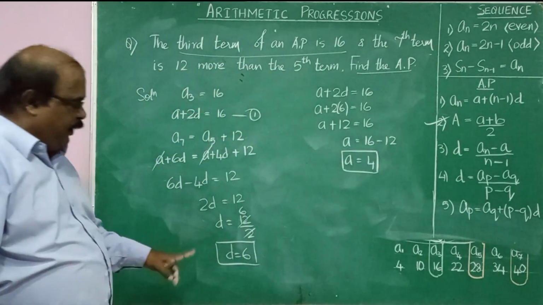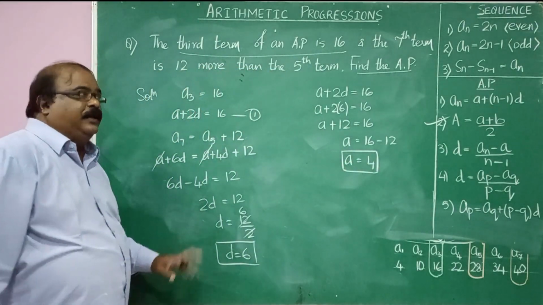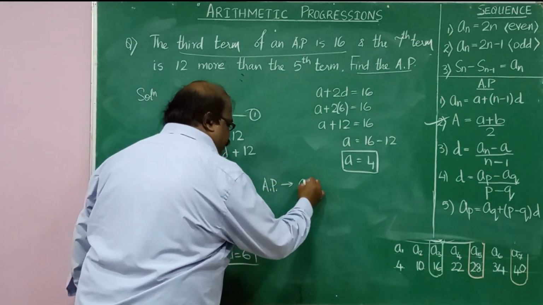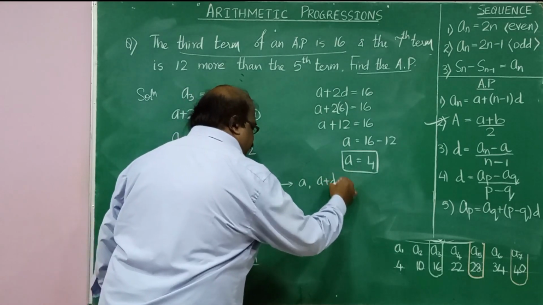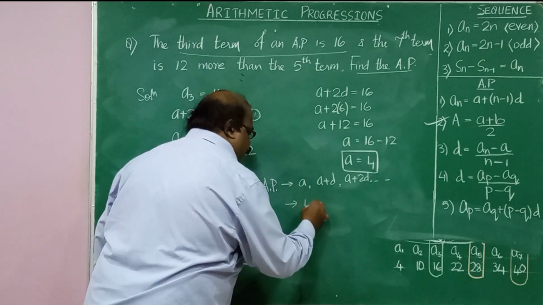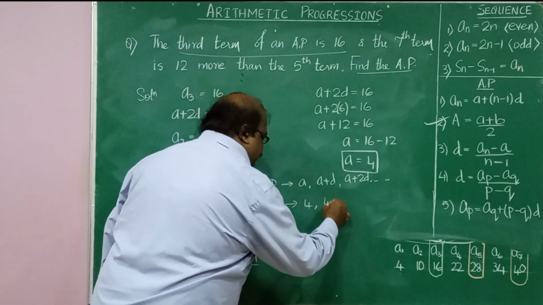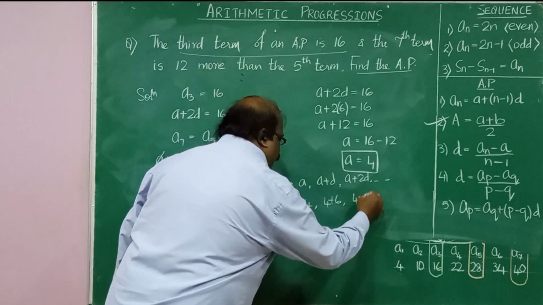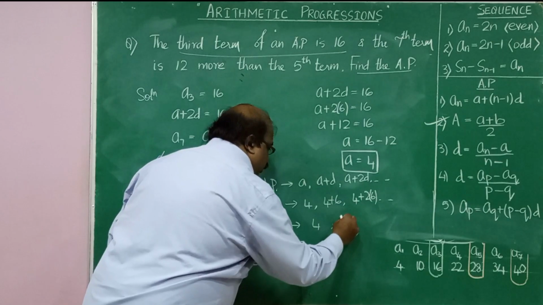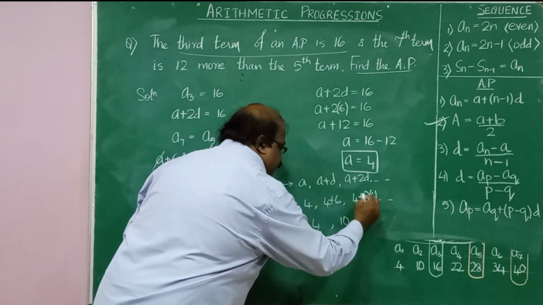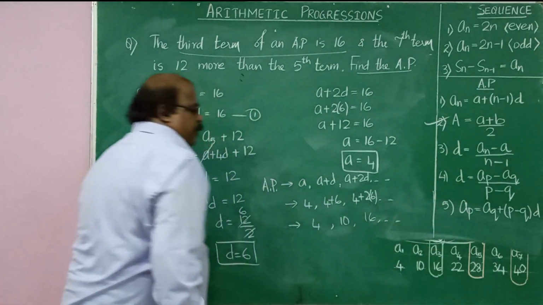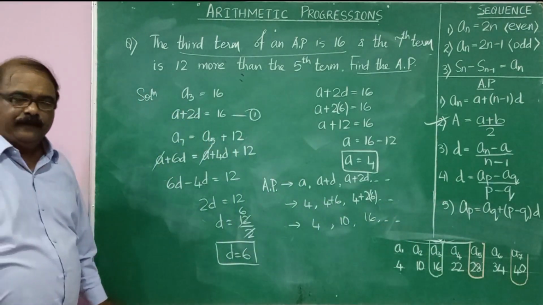So now I know the value of A. I also know the value of D. So let me write the arithmetic progression. Therefore the arithmetic progression is A, A plus D, A plus 2D and so on. So what is A? 4, 4 plus 6, 4 plus 2 into 6 and so on. So you get 4, 10, 16, 22, 28, 34 and so on.